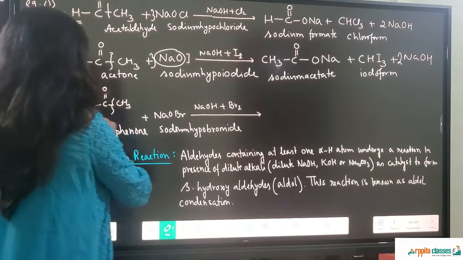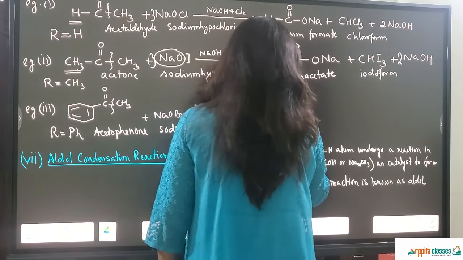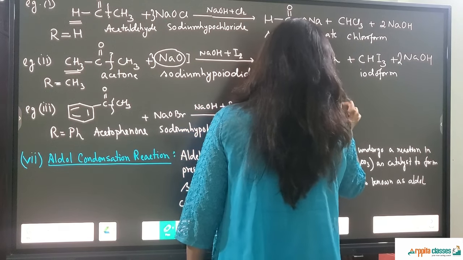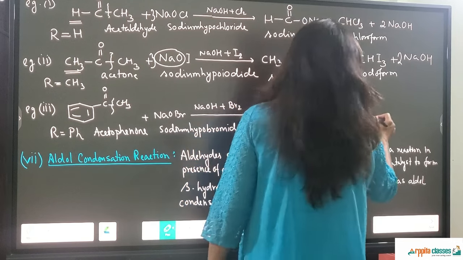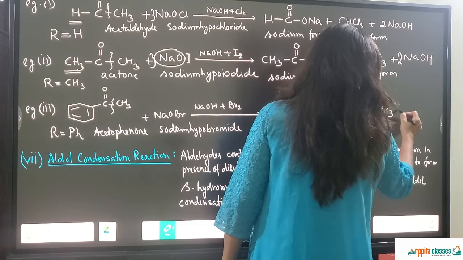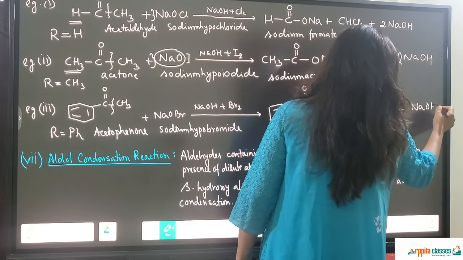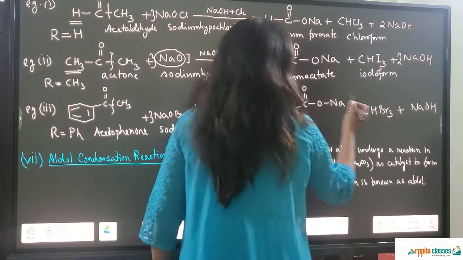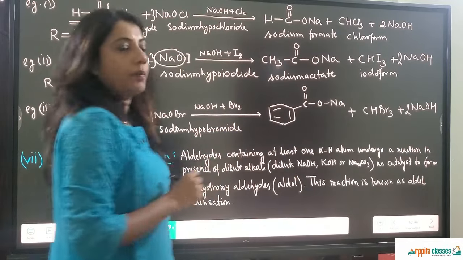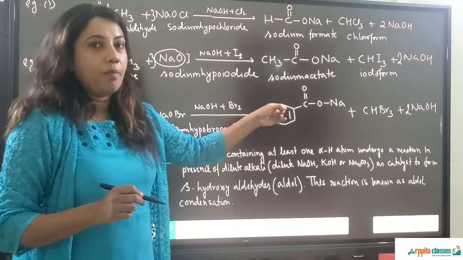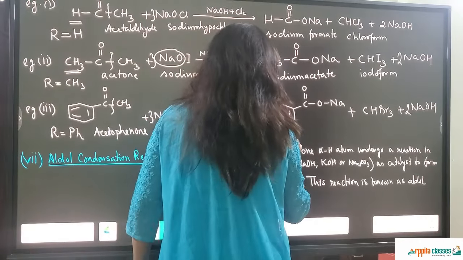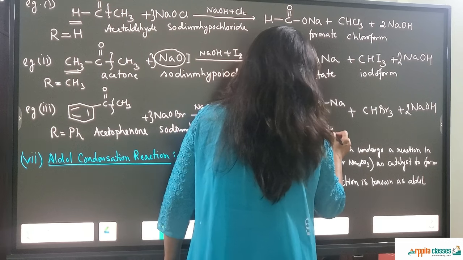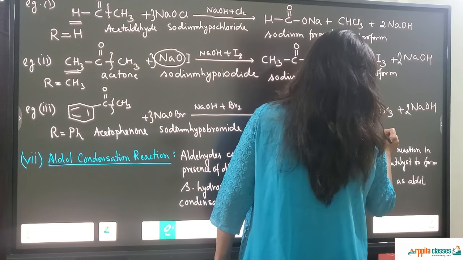So break this bond and attach the ONa with the carbonyl group, so you get C6H5COONa, plus we get bromoform, that is CHBr3, plus the byproduct is NaOH. Let's balance it. 3 Br this side, so I put 3 over here and 2 NaOH over here. This is a sodium salt of benzoic acid. So we call it as sodium benzoate, and this is bromoform.